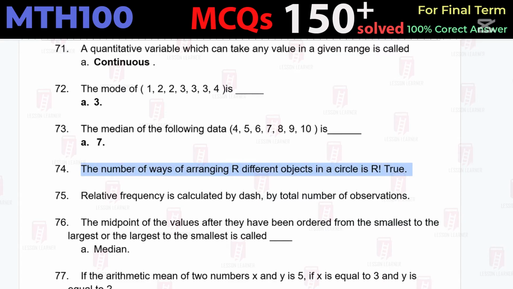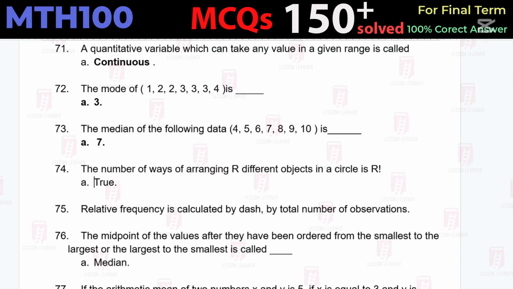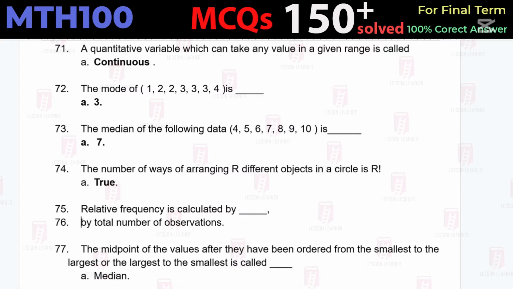It's true. Relative frequency is calculated by dash. It's calculated by frequency divided by the total number of observations.